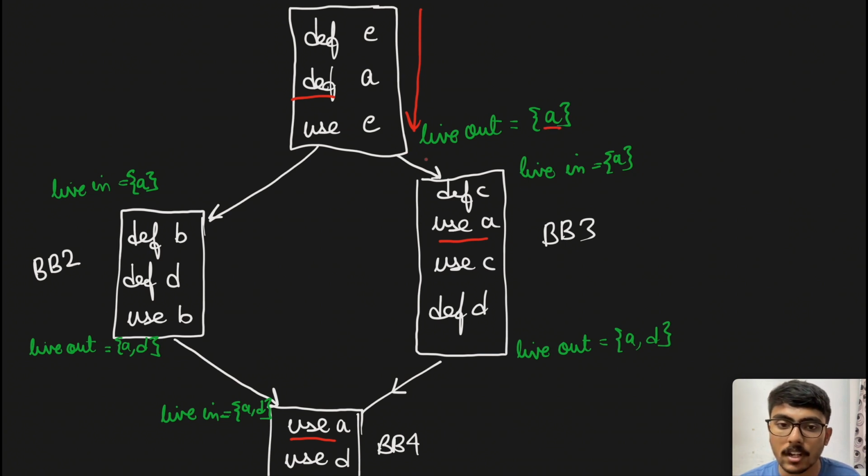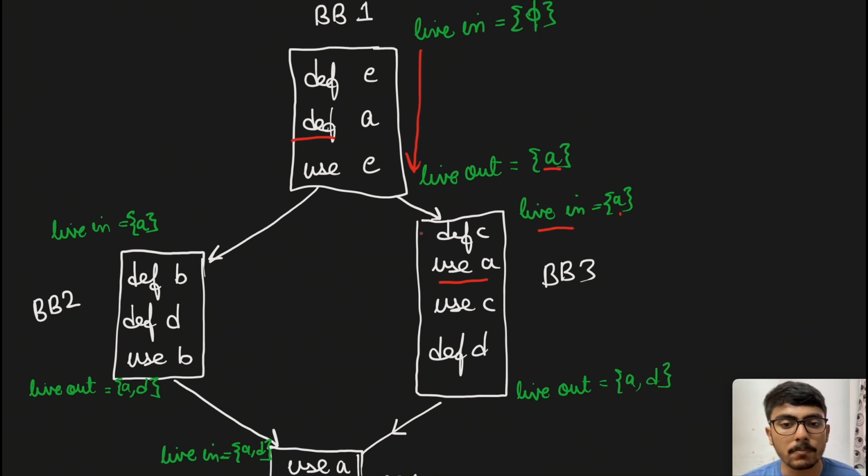Because this A will now move out from basic block 1. So this is live out. Similarly, since it will move out of basic block 1, it has to enter as well. It has to make its way inside bb3. So then it comes as live in A, right?